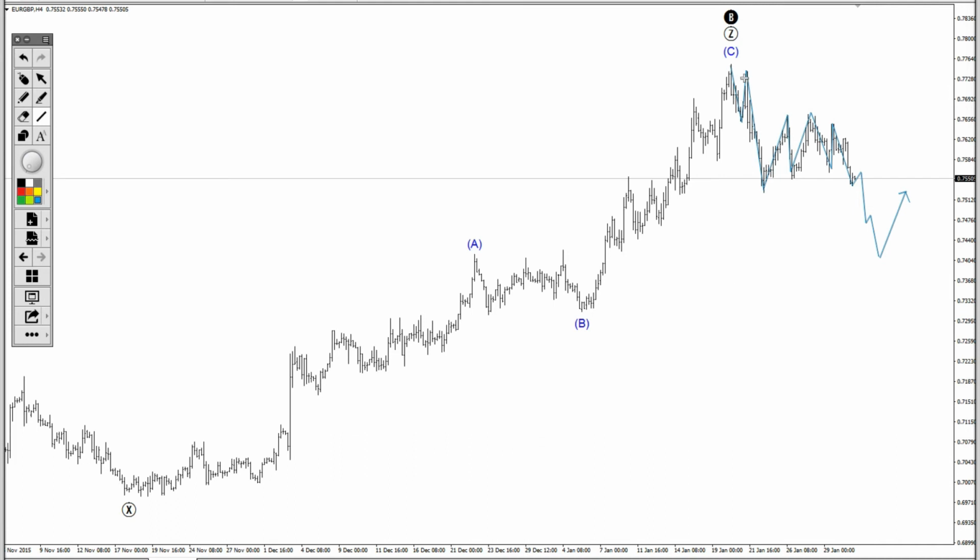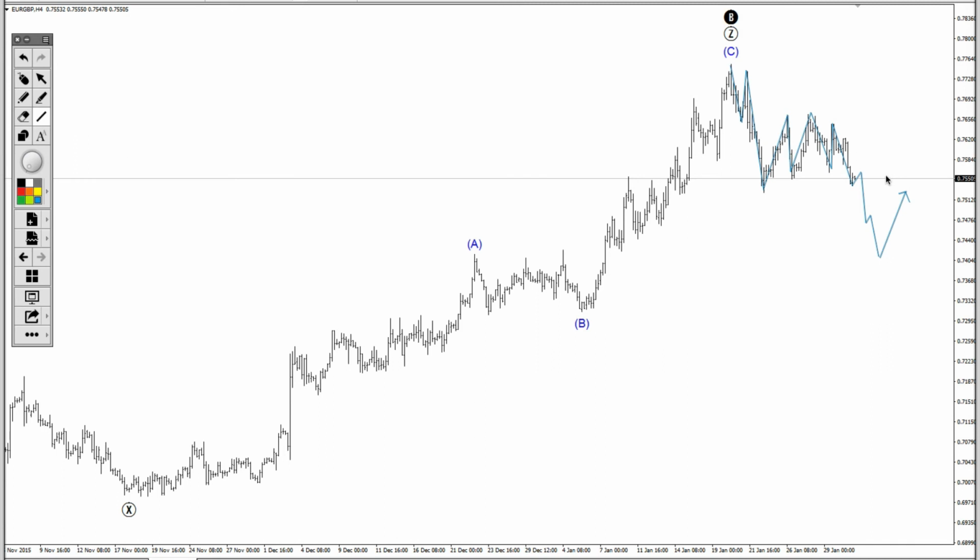Since we have a 3-wave decline, this whole structure should be treated as a correction. And now the sideways nature of this price action is signaling that this is a B wave rather than an impulse or a correction in an impulsive structure.